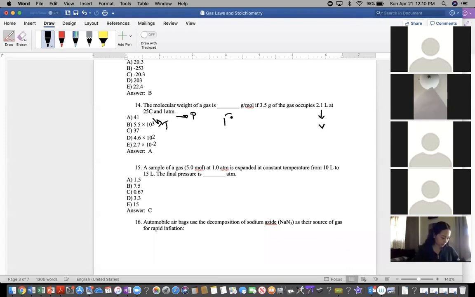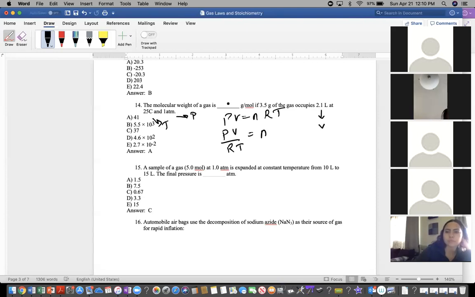So of course we use PV = nRT. I can find n from here. n is equal to PV over RT. I put in P, V, T, and R, and that will give me moles. Once I have the moles and the mass, I can find the molar mass.